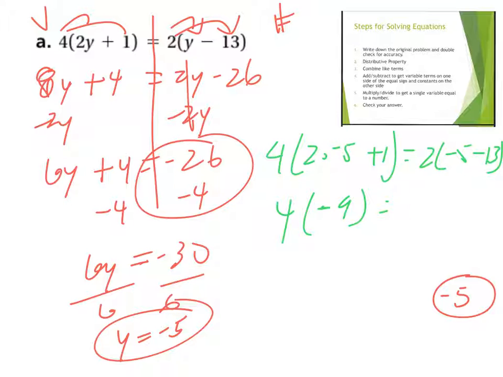Negative 5 minus 13 is negative 18, so 2 times negative 18. And, well, let's see here. Oh, that's definitely the same thing, right? I mean, even if you didn't finish it, we know that 4 times 9 is 36. So I've got negative 36, and 2 times 18 is definitely negative 36. So my answer, negative 5, was correct.